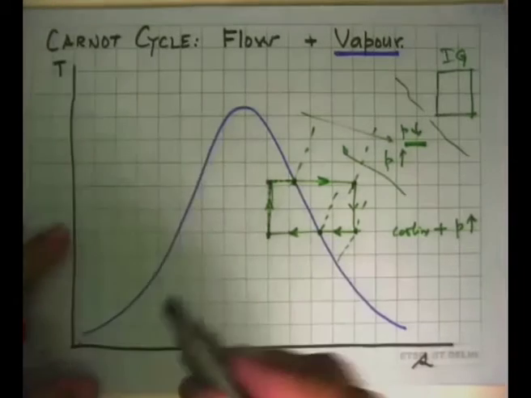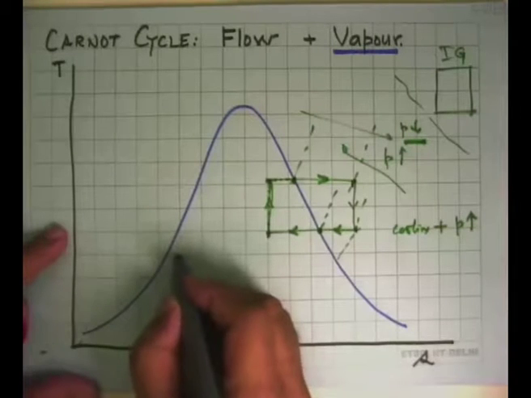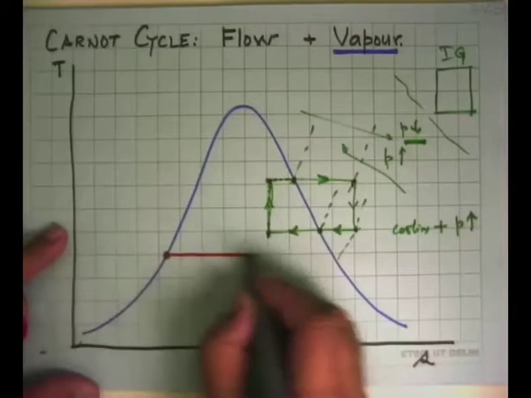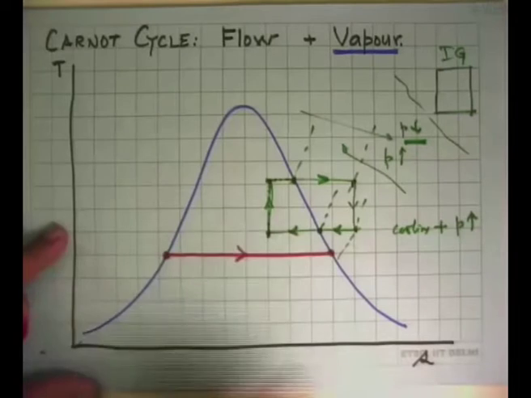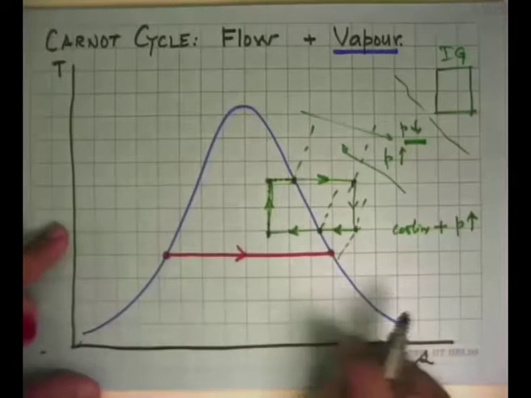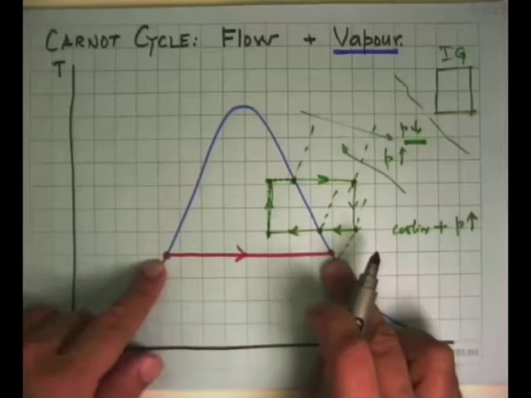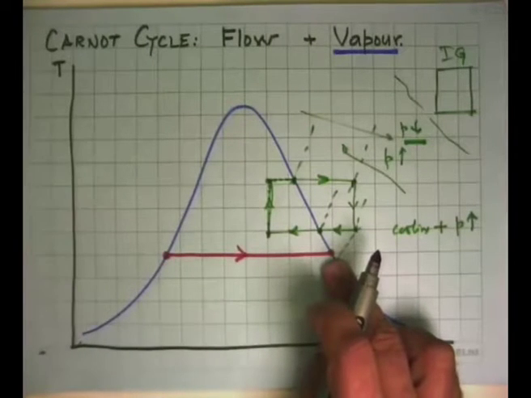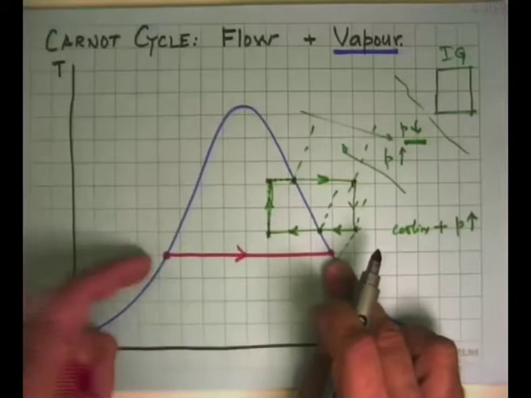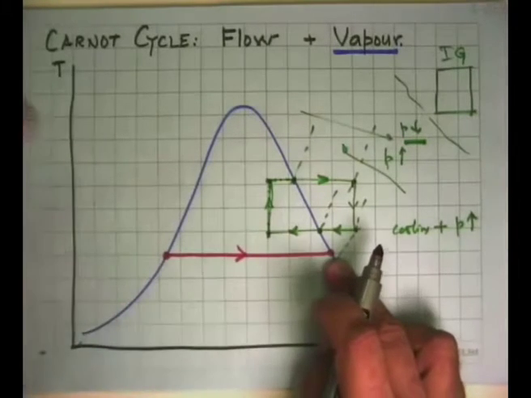That fortunately for us works out, and we can say that I will have this as my heat input device. Phase change is taking place, x equal to 0 becomes x equal to 1. Constant pressure heat transfer, entirely doable. Fortunately, because it's a saturated state, it is also constant temperature heat transfer.